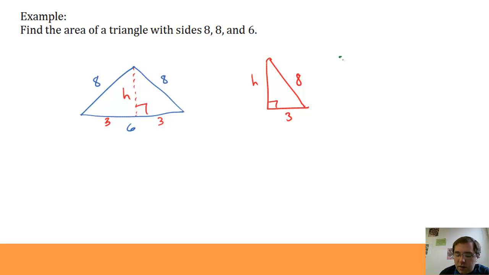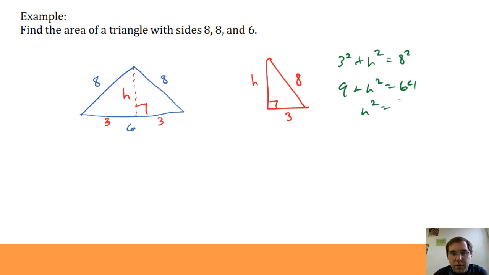So 3 squared plus h squared equals 8 squared, so 9 plus h squared equals 64, and h squared equals 64 minus 9, or 55. So h is the square root of 55. And can we simplify the square root of 55?